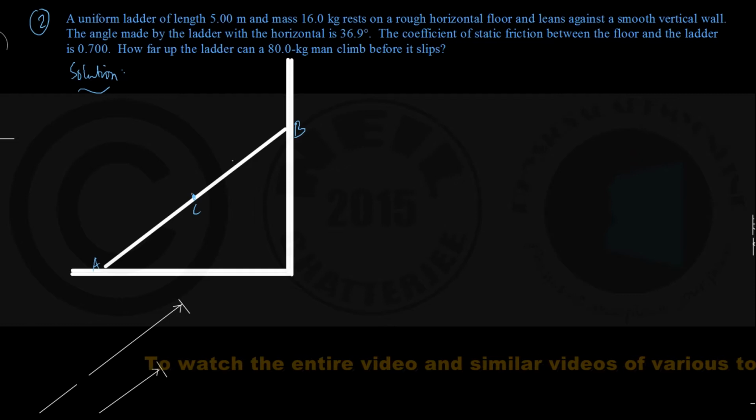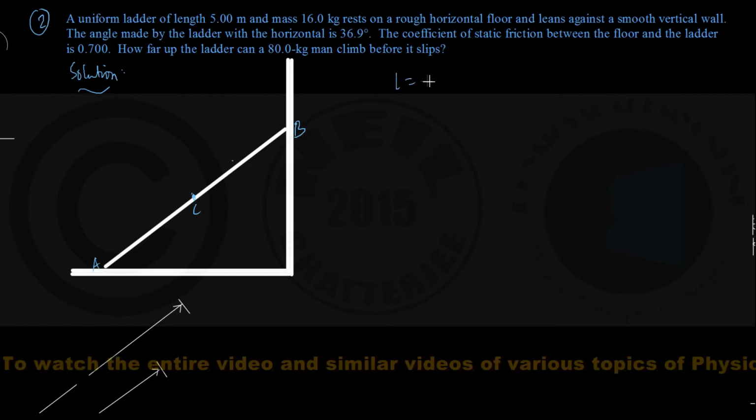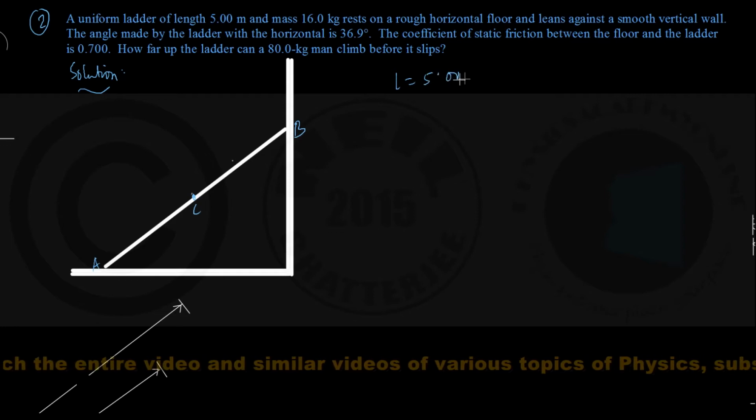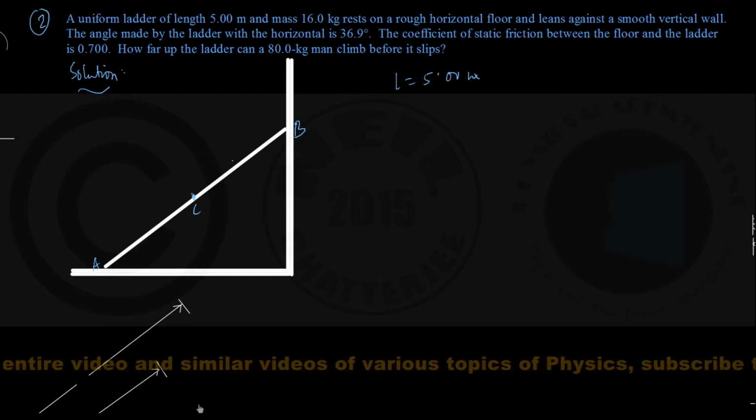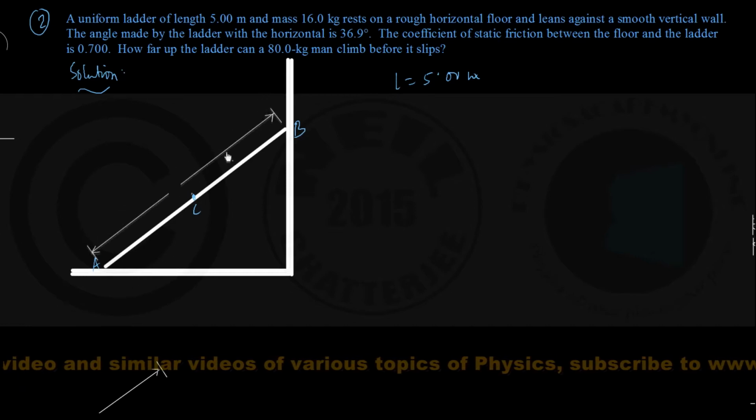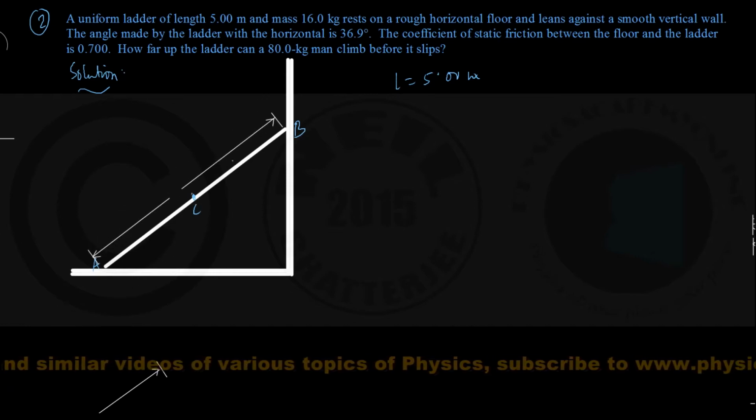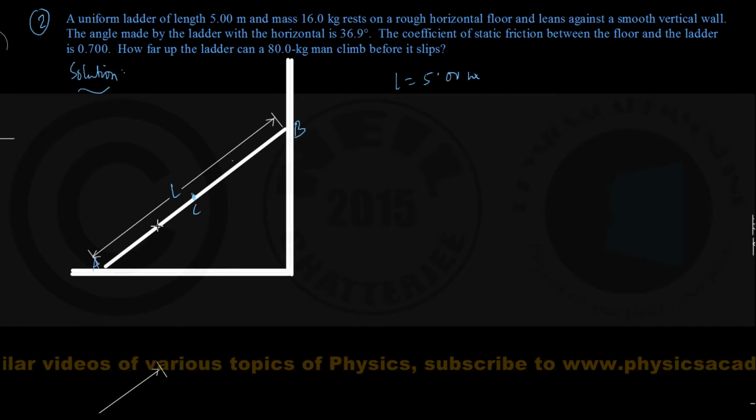They are telling the length of the ladder is capital L is equal to 5.00 meter. Therefore, if I could show in my figure as well, the length AB is L, which is 5 meter.